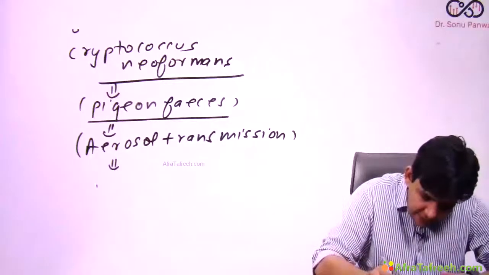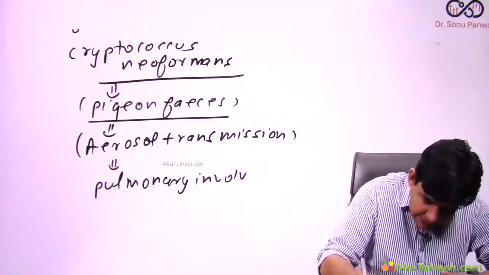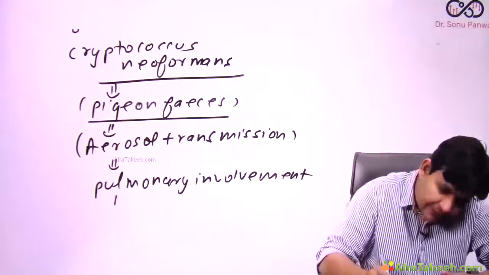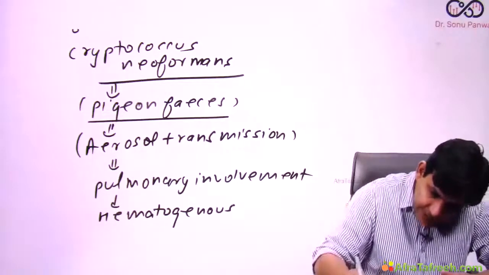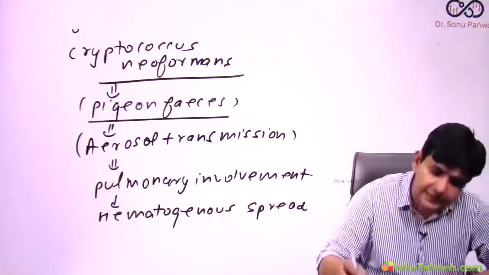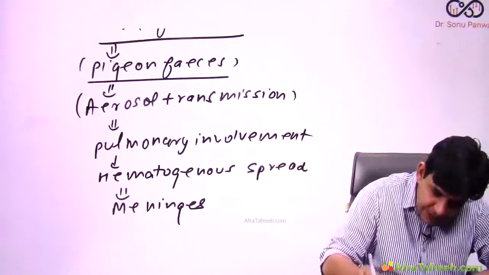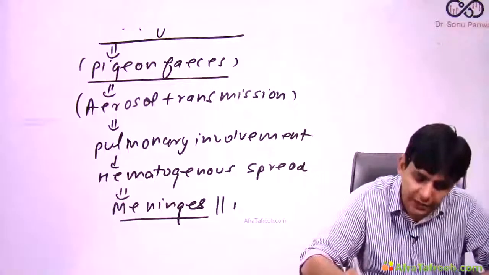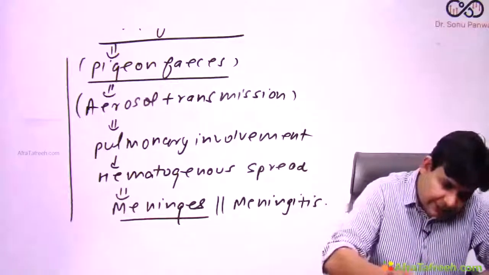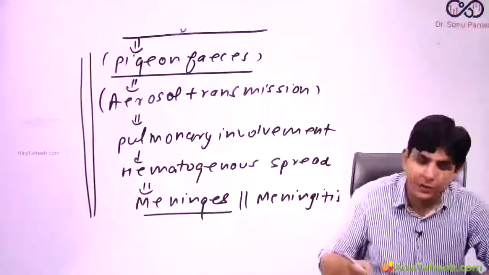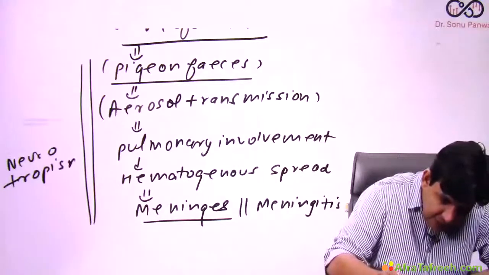And there is a lung involvement, pulmonary involvement, and this pulmonary involvement takes the hematogenous route and takes it where? To the meninges. So hematogenous spread is there, and this hematogenous spread takes it where? To the meninges, and obviously what does it cause there? Meningitis. Okay, this is sort of a neurotropism. So this neurotropism is not seen in normal people.